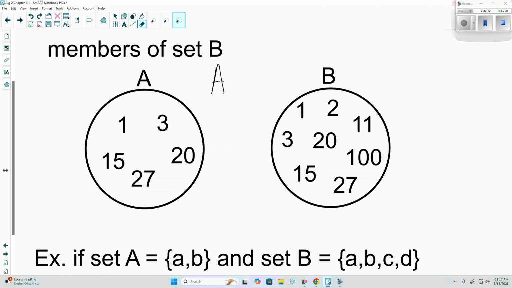But again, I said mathematicians are lazy, yes? So A is a subset of B. It's a little C, a very small C.